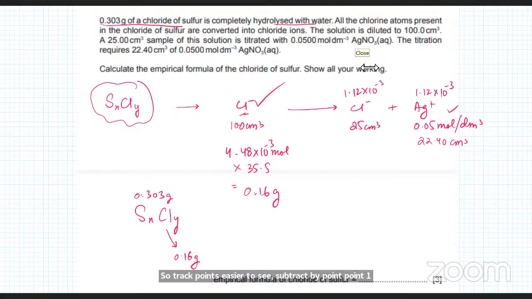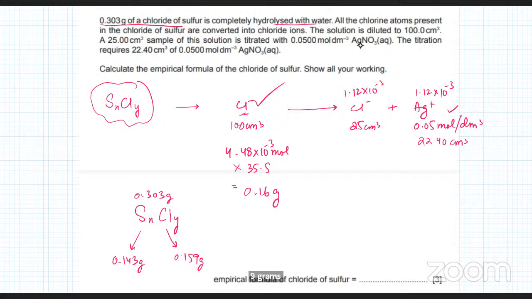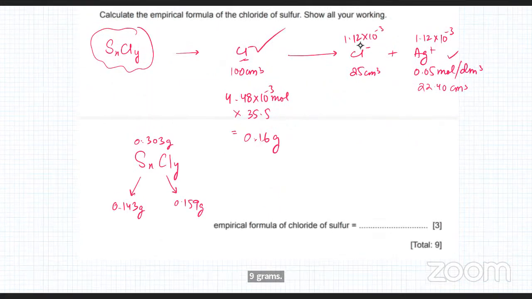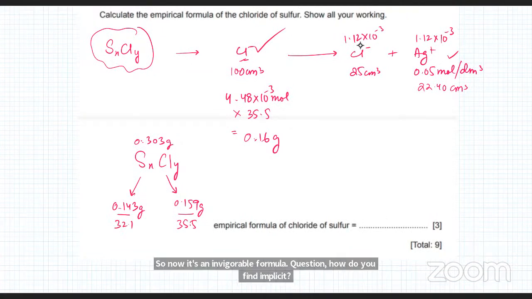That's 0.143, right? Let me make it 0.159 grams. So now how do you find the empirical formula? Divide by the Ar. Sulfur is 32.1. What do you get?